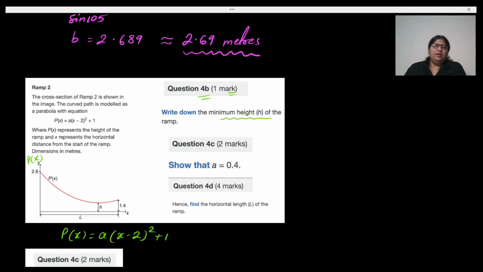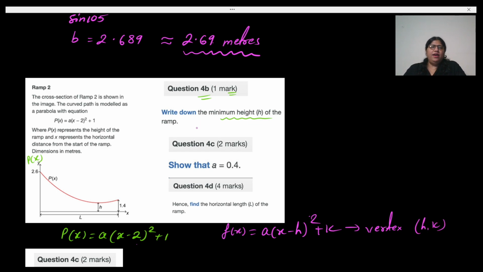You can see that this is an upward parabola, so the minimum height is going to be at the vertex. What is going to be the vertex here? When you observe this function, if it is in the form a times (x minus h) whole squared plus k, then your vertex is always (h, k). Similarly here, the vertex coordinates will be (2, 1).